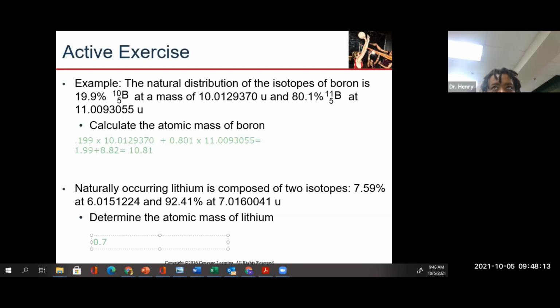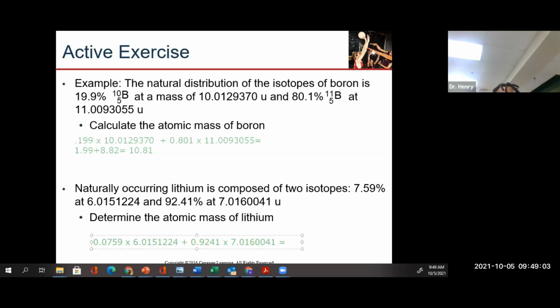0.0759 times 6.015124 plus 0.9241 times 7.0160041.